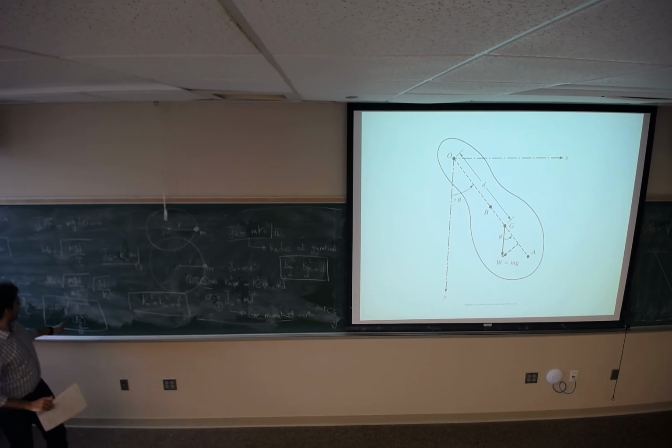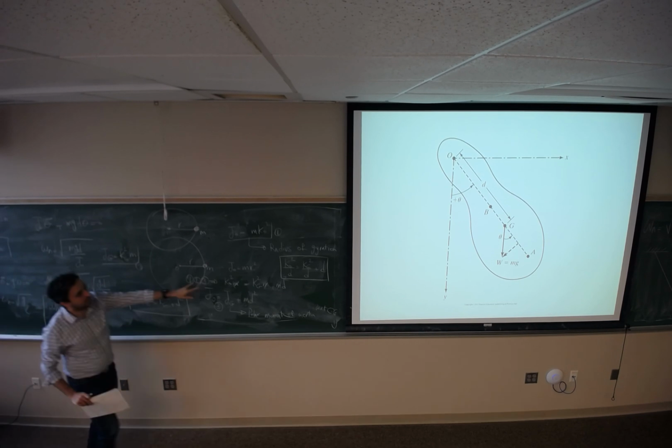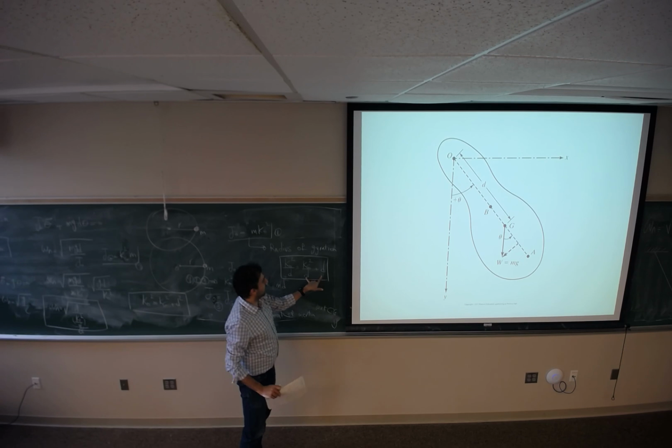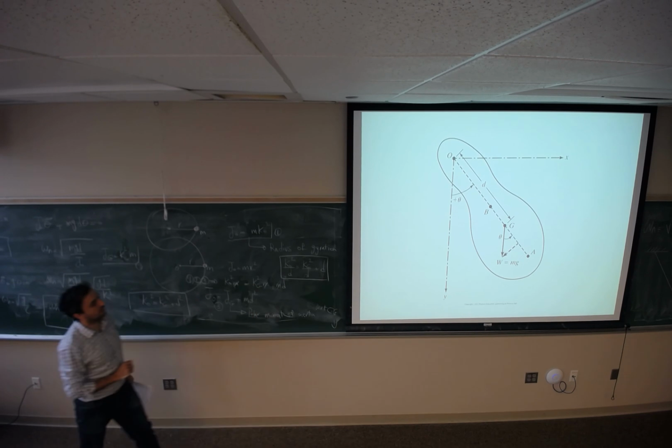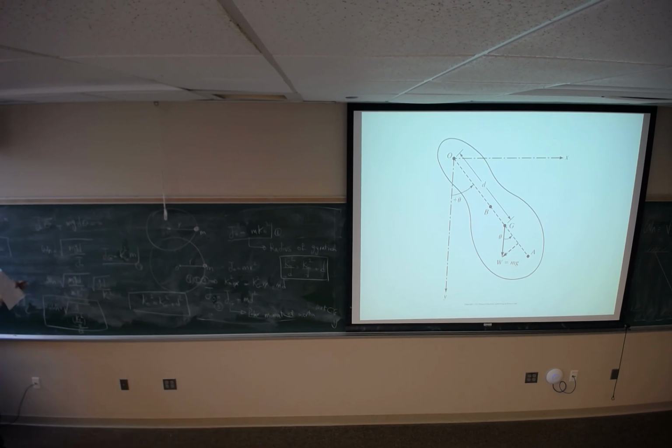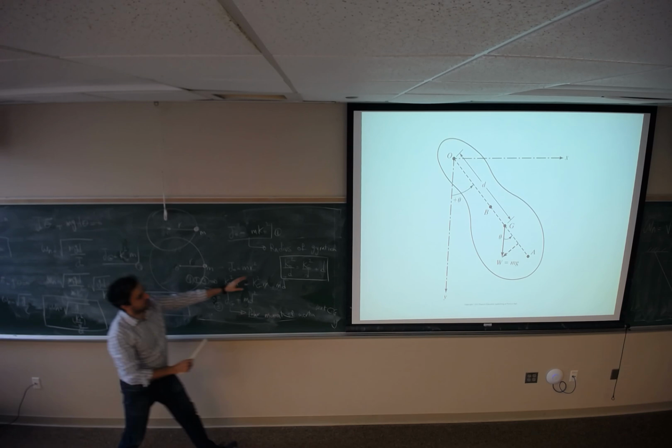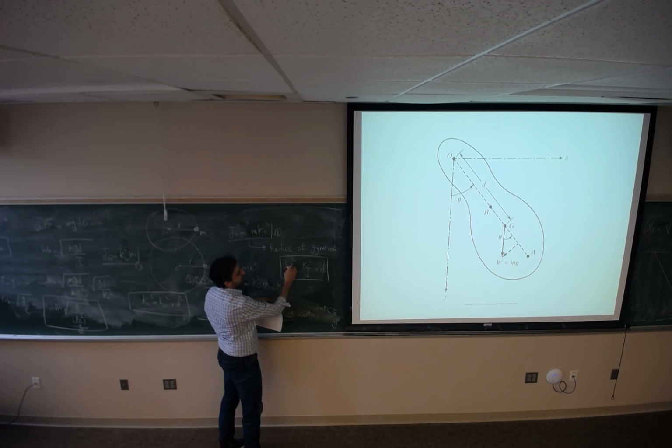So this guy, k naught squared divided by d, is going to give me that distance. So the left side is k naught squared divided by d.